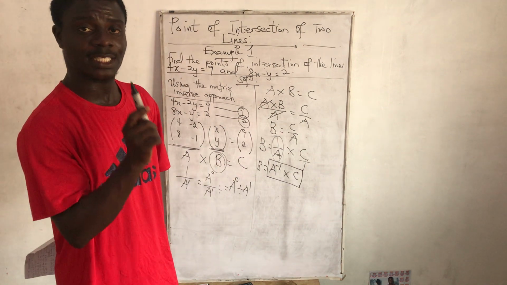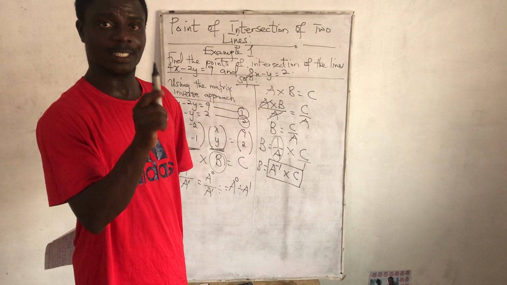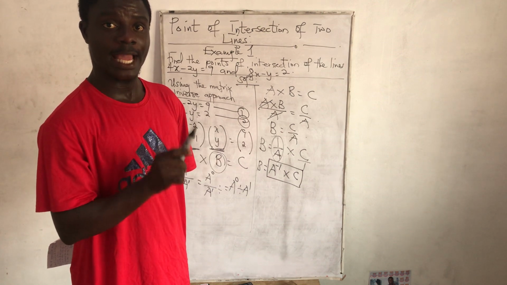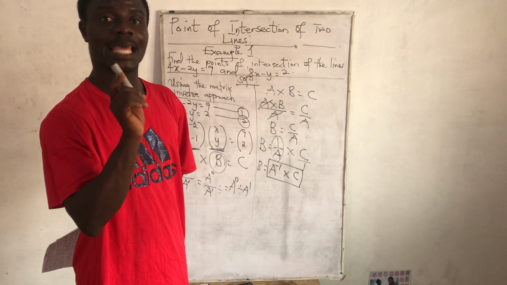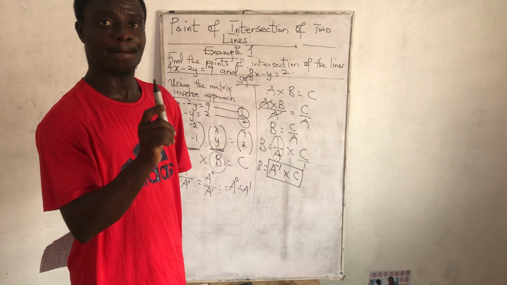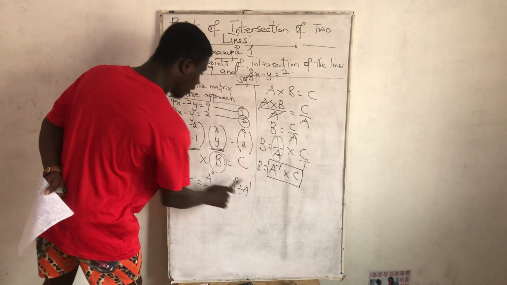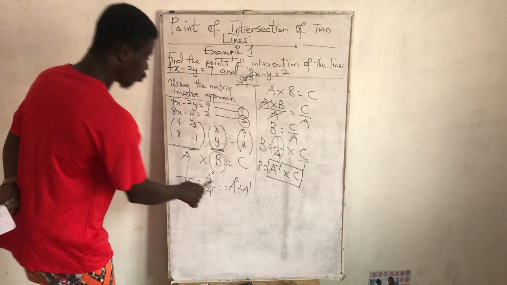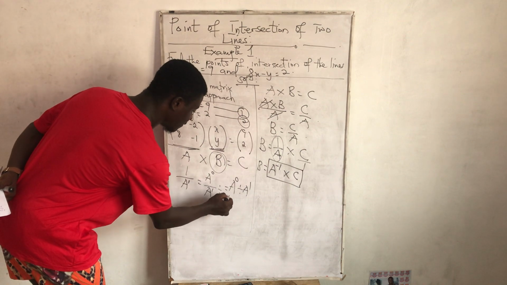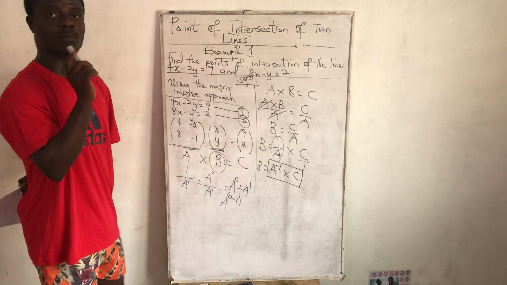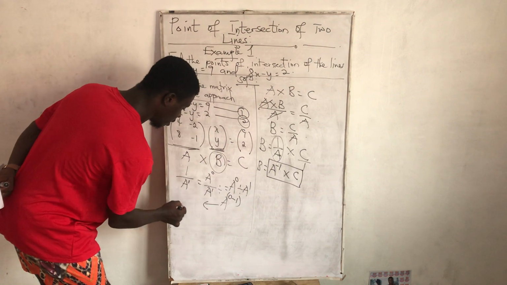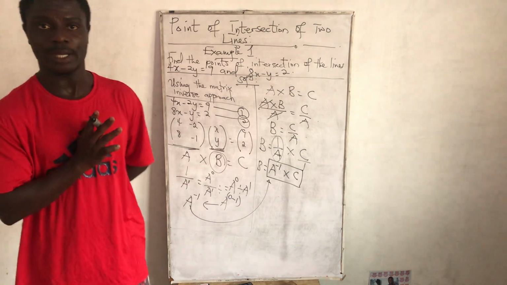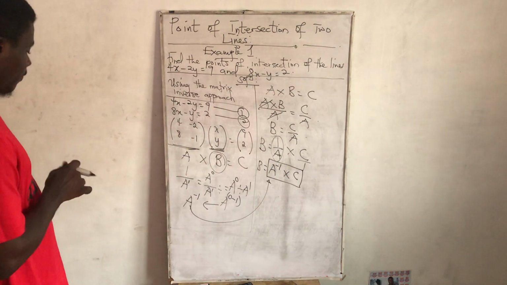From the laws of indices, A to the power m divided by A to the power n, if they have the same base, it will be A to the power m minus n. So the same thing applies here. A to the power 0 divided by A to the power 1, we subtract: A to the power 0 minus 1, which gives A to the power -1. Which is very simple as that.